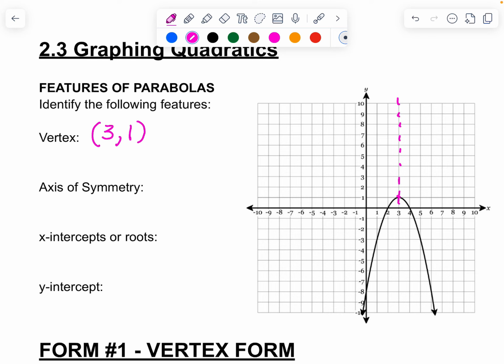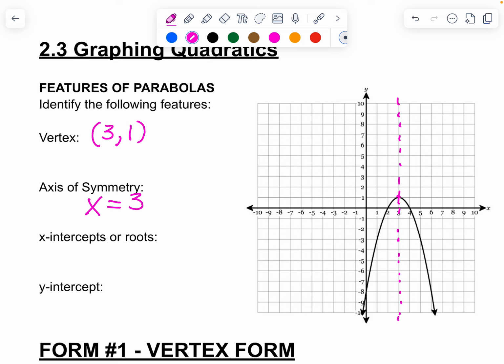Remember, that's just the line that divides the parabola into two symmetric parts. For our case, it's mostly going to be a vertical line. So it's always going to be x equals 3 in this case. And you'll notice that it's always going to be whatever the x coordinate of the vertex is.